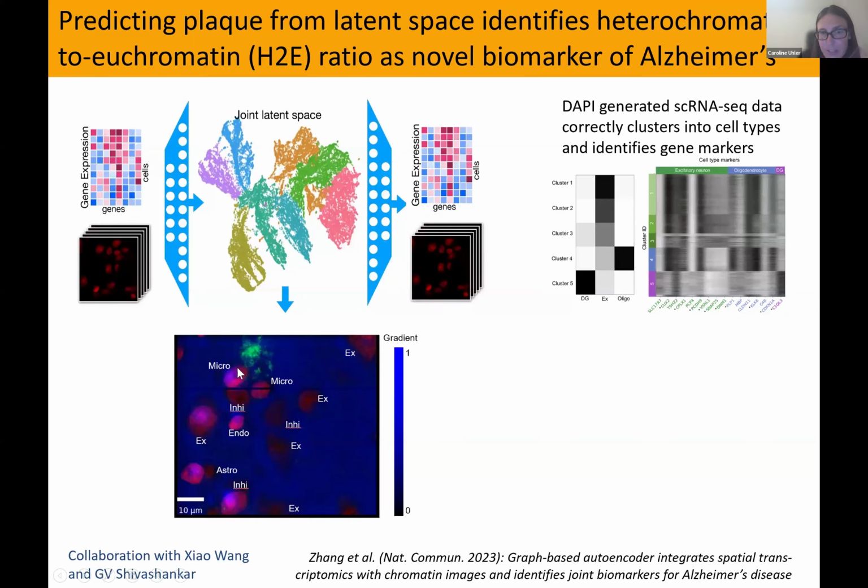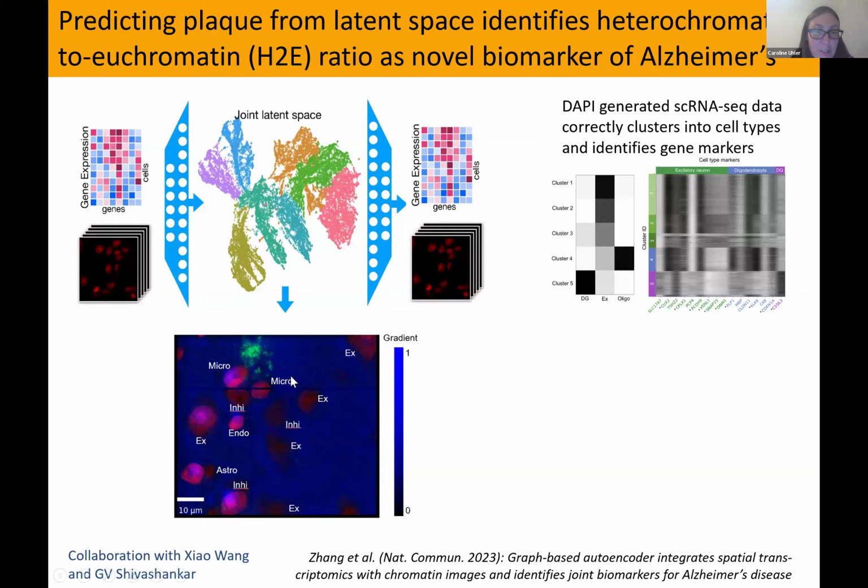Usually people would define microglia that are close to plaque as disease-associated microglia. The model picks out some of these, but it doesn't pick up other microglia that are also close to plaque. But it picks up even things like inhibitory neurons, etc. So it even picks up neurons as being predictive of having plaque and how much plaque nearby.